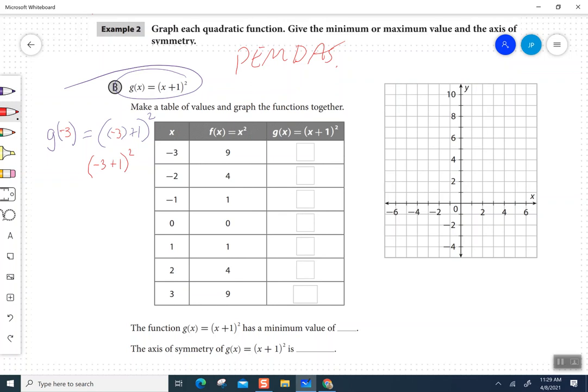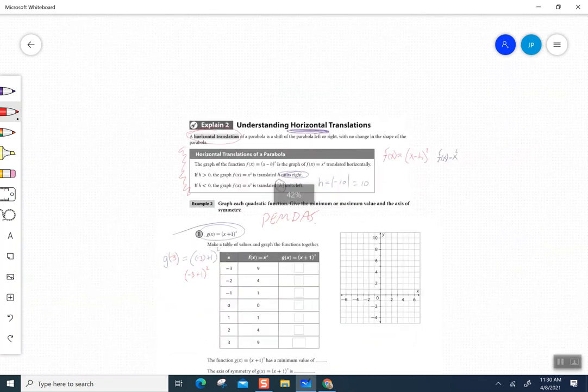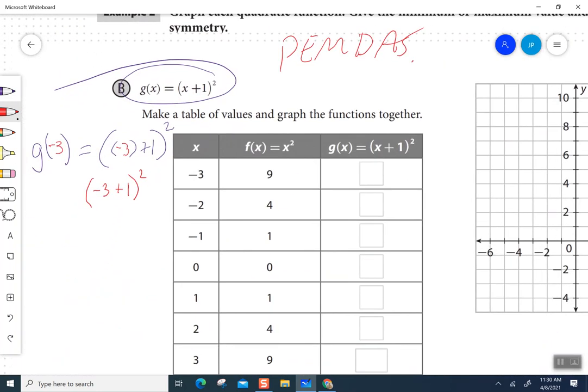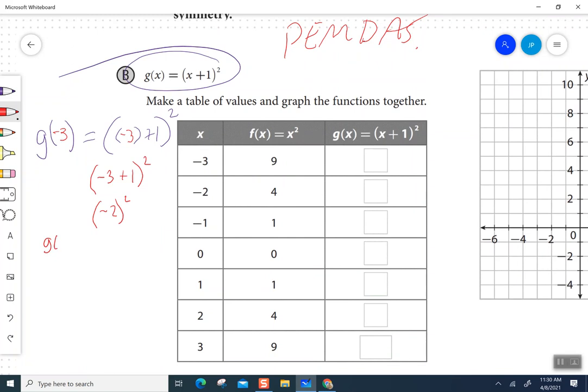And the answer is yes. Negative 3 plus 1 is equal to what? Okay, so that would be negative 2. And I'm going to square it. All right, what is negative 2 squared? That means I'm going to get g of negative 3 is equal to 4. That means this one's going to be a 4.